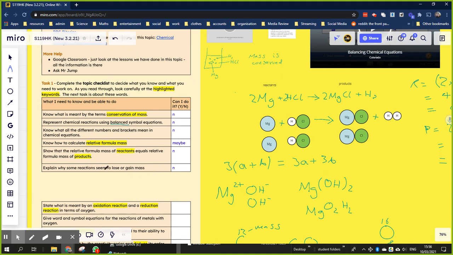And the last one says explain why some reactants seem to lose, and it says seem to, doesn't actually, but seem to lose or gain mass. And the reason for that is usually because a gas escapes. It might also be because of spillage. Or why might it gain mass?